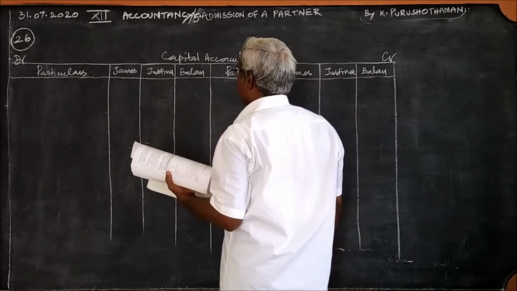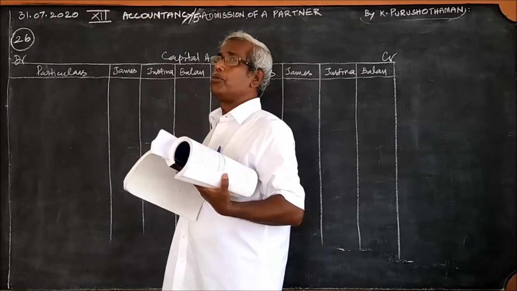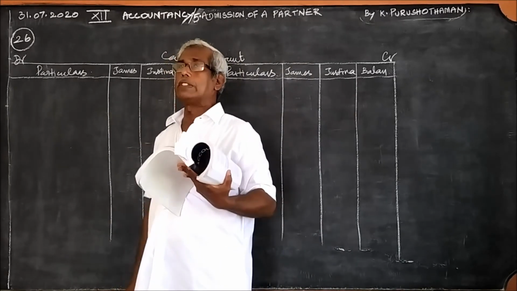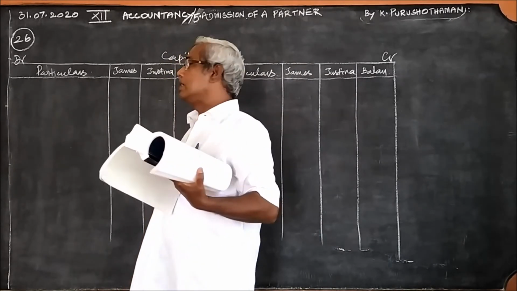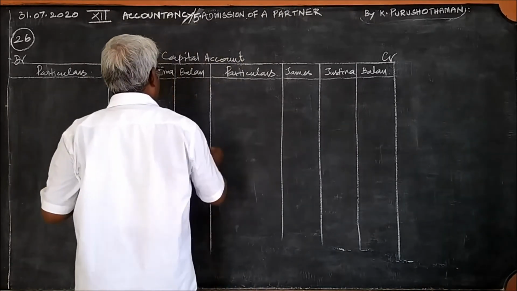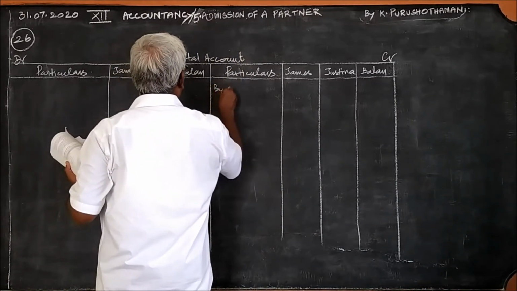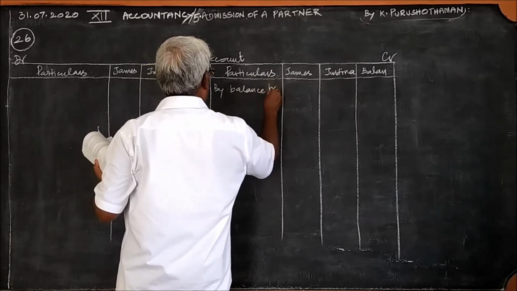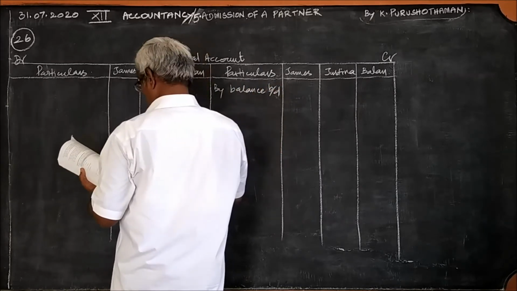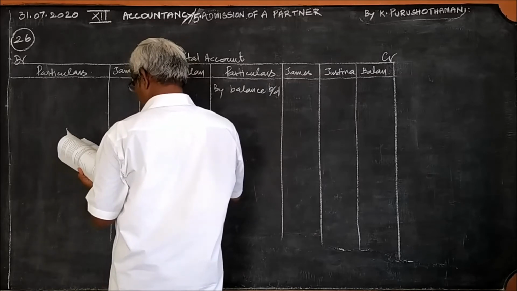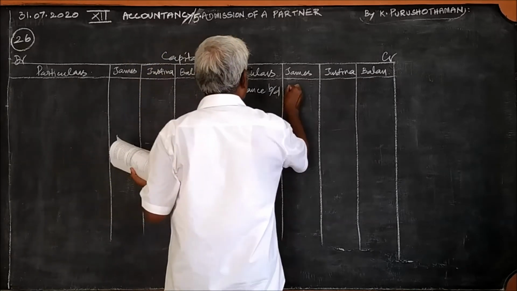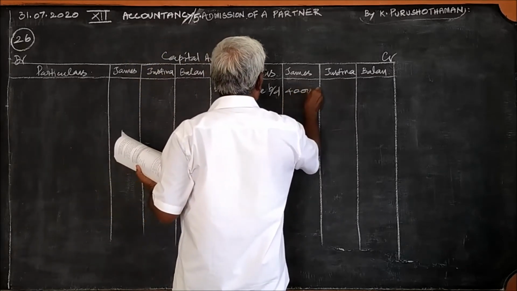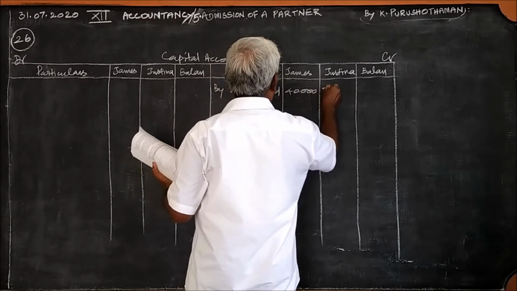Under this capital account, what are the two items compulsorily we should pass first? One is the capital of the old partners that we should write by balance brought down: James 40,000, Justina 50,000.